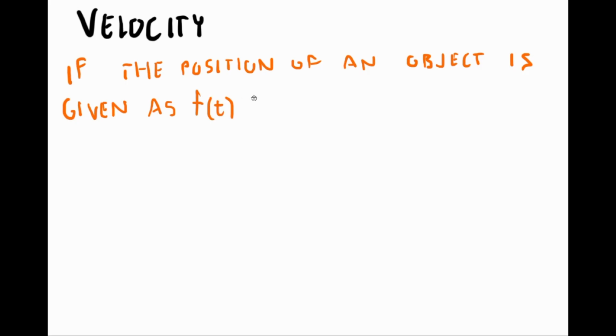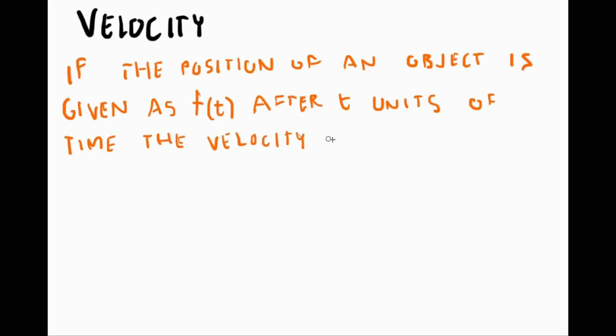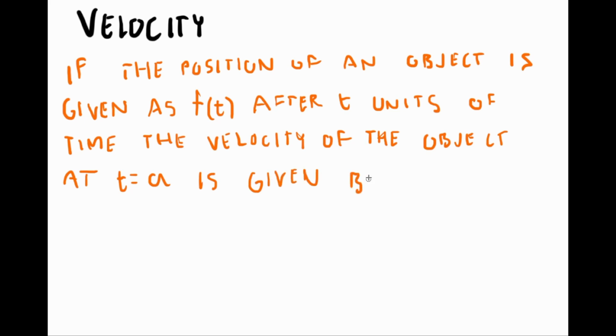You could write it however you'd like, but we'll say given as f of t after t units of time, the velocity of the object at t equals a is given by f prime of t, or f prime of a. Sorry.